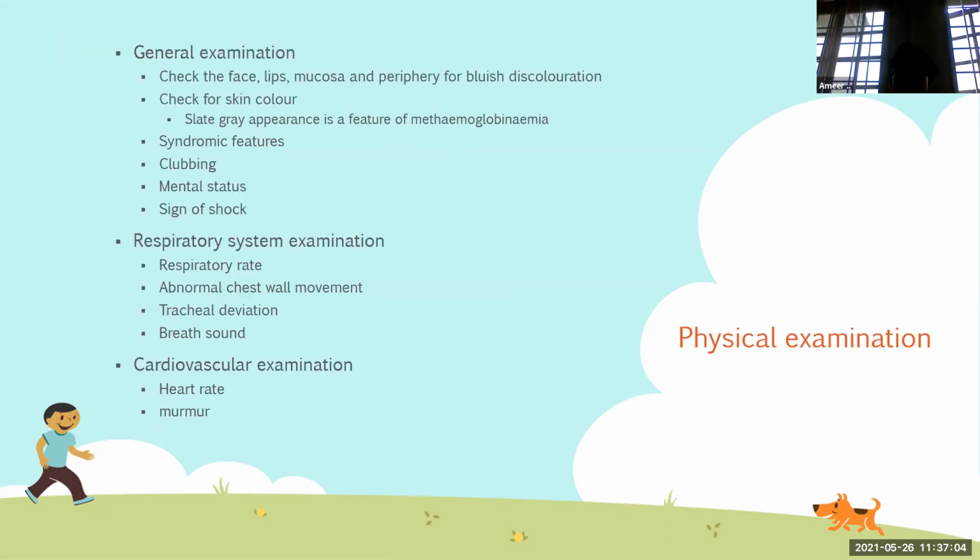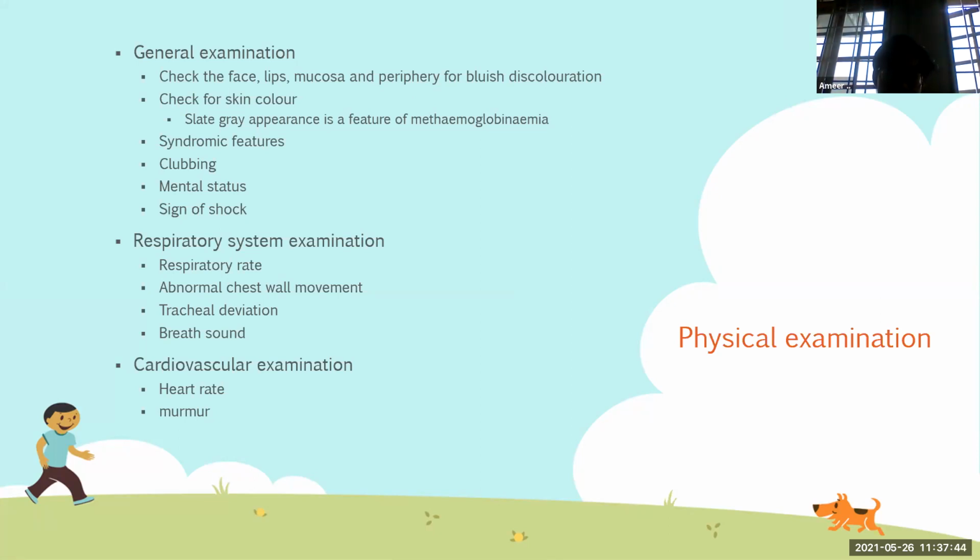Okay, now in physical examination, in a patient with cyanosis, the first thing is we should do the general examination. We should assess whether the patient is ill or not ill, and then we look at the face, the lips, mucosa, and also the periphery. We look for the bluish discoloration, and then we check for the skin color, because in a patient with methemoglobinemia, the skin will appear a bit slate gray.